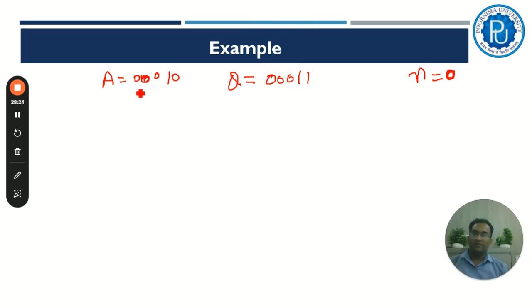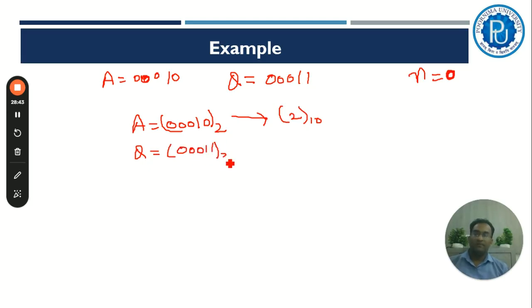Okay. So if we convert this value of A, that is 00010, to decimal, this will come out to 2, and Q holding 00011.